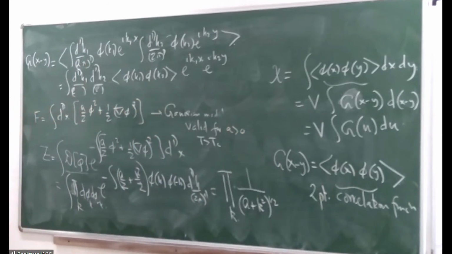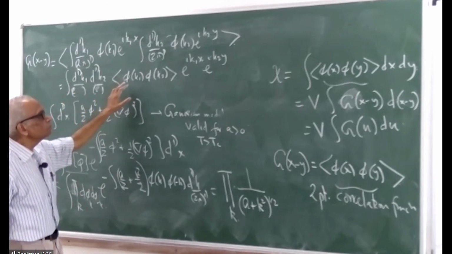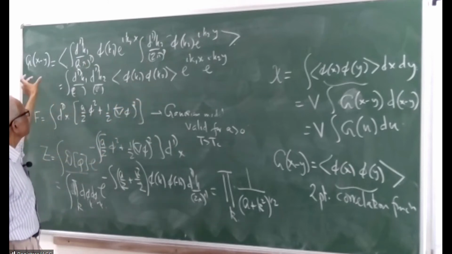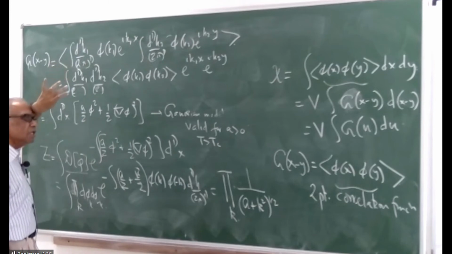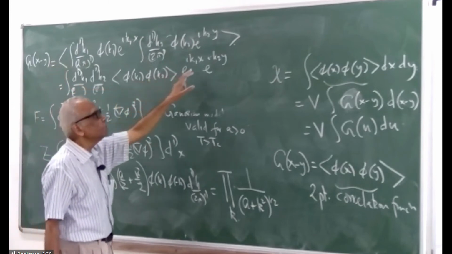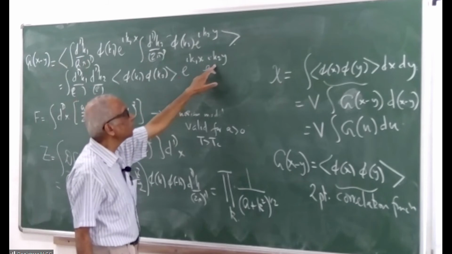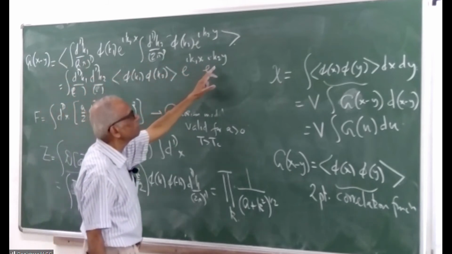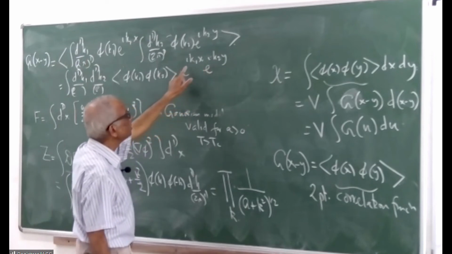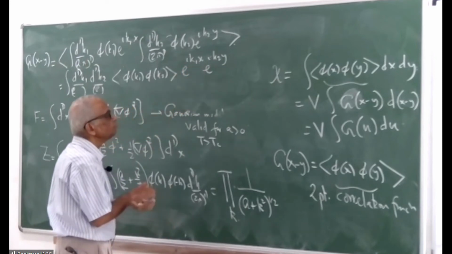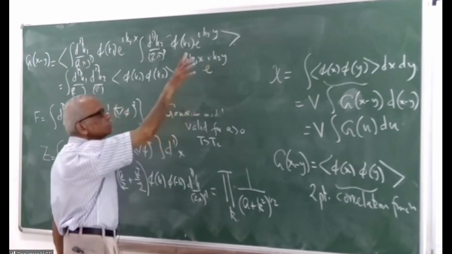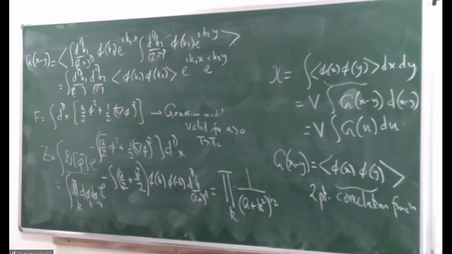All right. So now it's a question of talking about what this quantity is. g of x minus y is a function of x minus y, so it has to be such. If this is going to become a function of x minus y, then the only thing you would be picking up is the situation where k1 is equal to minus k2.